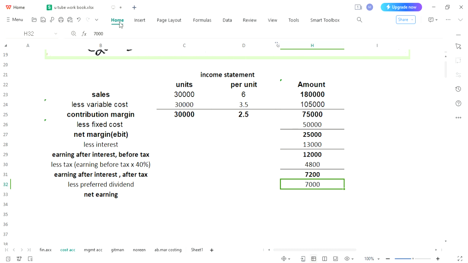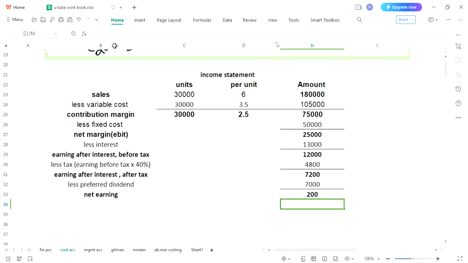After posting it, we are open to calculate our net earning or final earning, which is actually the difference of earning after tax and preferred dividend. 7,200 is earning after tax, and just subtract preferred dividend.